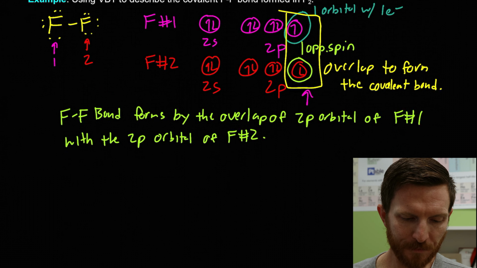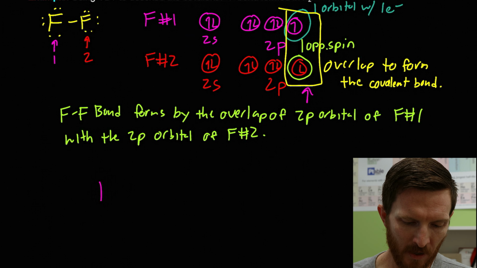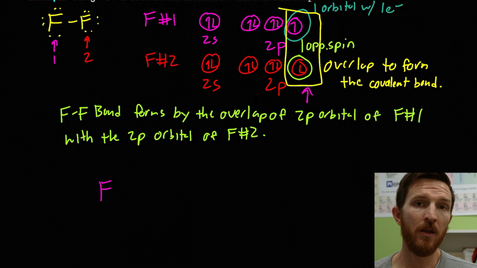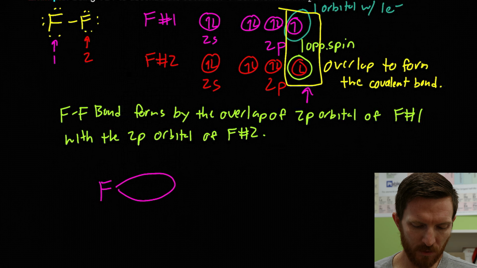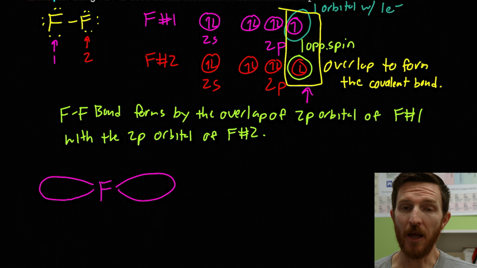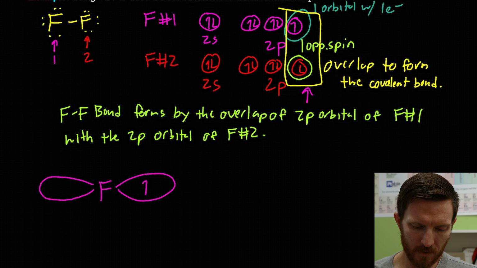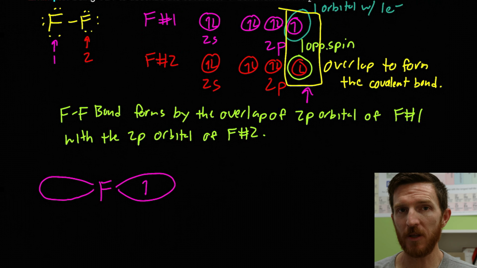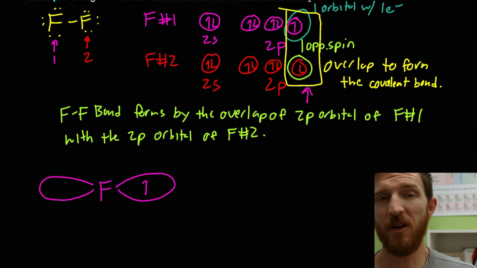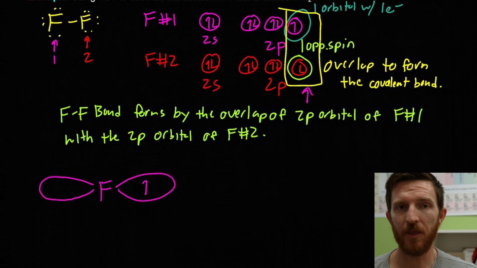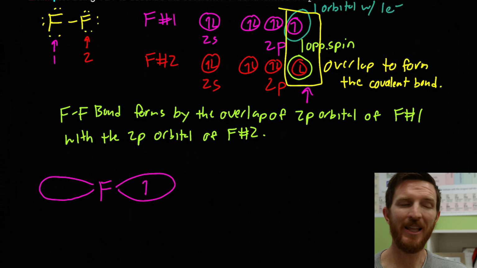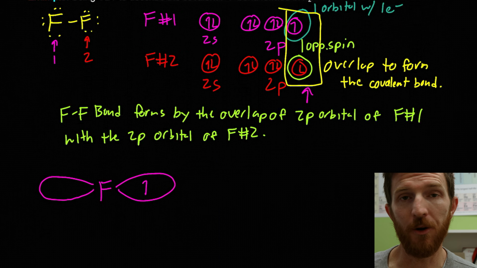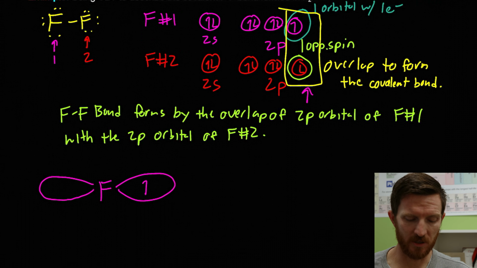If I think of fluorine atom number 1, this would be its nucleus, and the 2p orbitals might look something like that. This would be the one 2p orbital that has a single electron in it. I'm not going to draw the other ones that are perpendicular to this, because they are full and they're not going to overlap with another orbital to form a bond, because they would then have 3 electrons in an orbital, which would violate the Pauli exclusion principle.